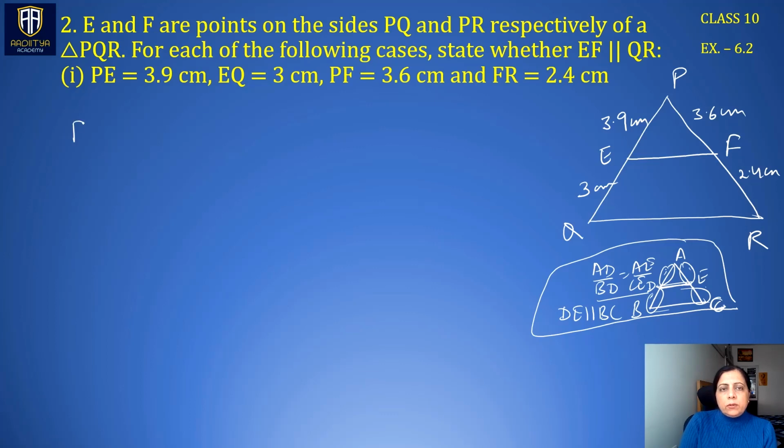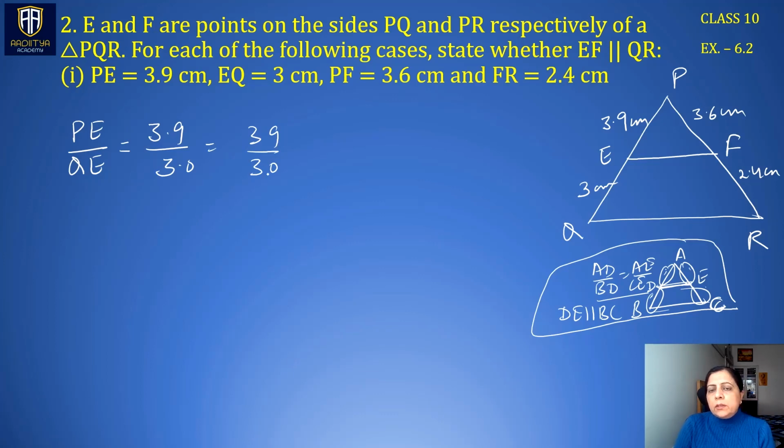So we check for PE upon QE. What is that? PE is 3.9. QE is 3. So if I write it like this, this becomes 39 by 30. Right? So reduce this. This is 10 times 3 and 10 times 13. Comes out to be 13 by 10.